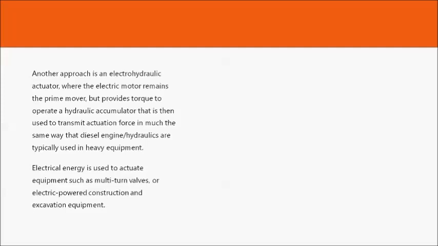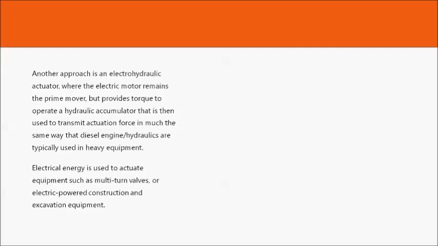As I said before, since we need large force, it means we are using it in heavy equipment or to grab heavy equipment. That is also an advantage of this electric motor. Then this electrical energy is used to actuate equipment such as multi-turn valves or electric power construction and excavation equipment. Okay, that is the application of this electric actuator.